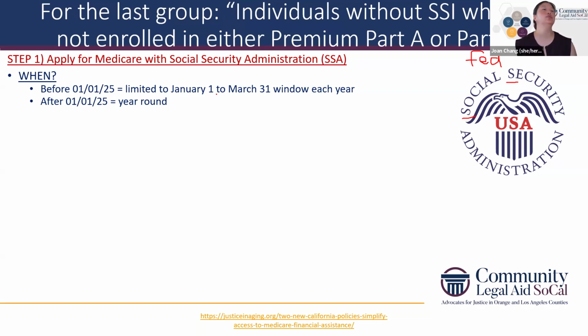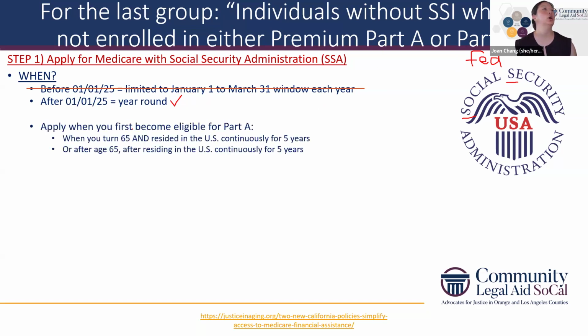You used to have to wait January through March, that tiny little 3-month window, to apply. No mas. You can do this year round, any time of the year. You can apply for your Medicare Part B and Premium Part A. When you apply, it depends on when you first become eligible for Part A. So that could be when you turn 65 and you've been residing in the US for 5 years, or perhaps you came to the US a little bit later in life, if you're over the age of 65, but you've been in the US for at least a 5-year period.